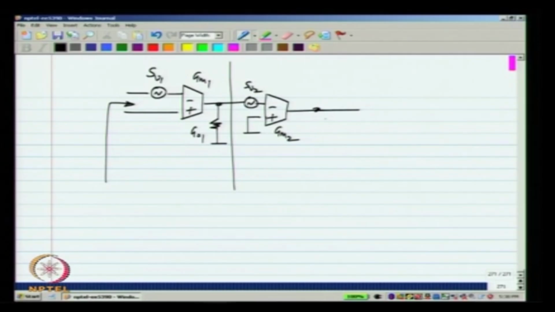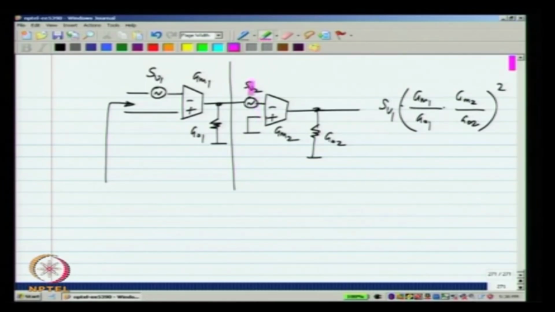It is quite easy to see. One way to do that is to simply calculate the total output noise first. From SV1 we have a gain of GM1 by GO1 times GM2 by GO2, and this is a spectral density. So, the total spectral density at the output due to SV1 will be SV1 times (GM1 by GO1 times GM2 by GO2) squared, and due to SV2, the input referred noise of the second stage, we will have SV2 times (GM2 by GO2) squared.